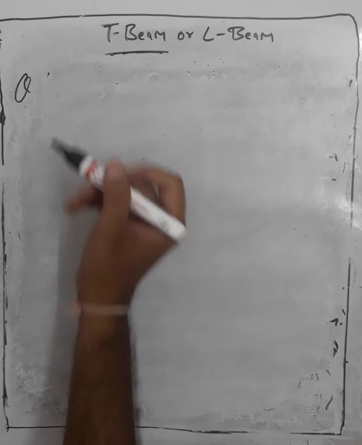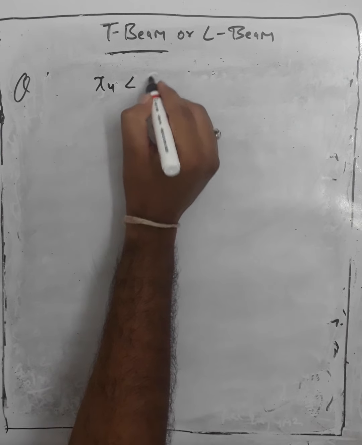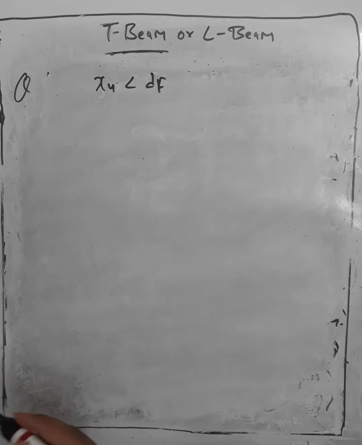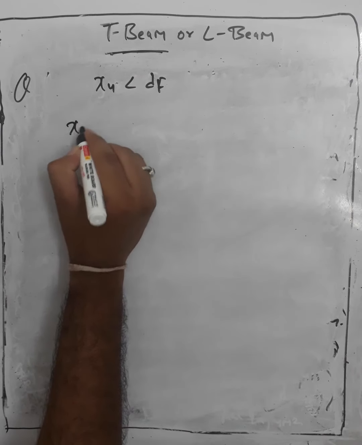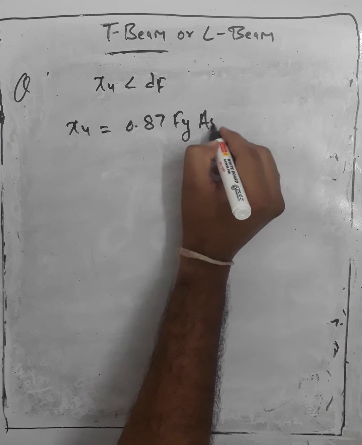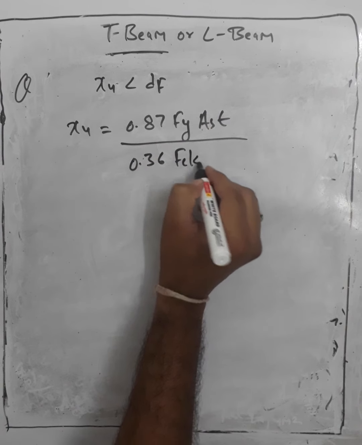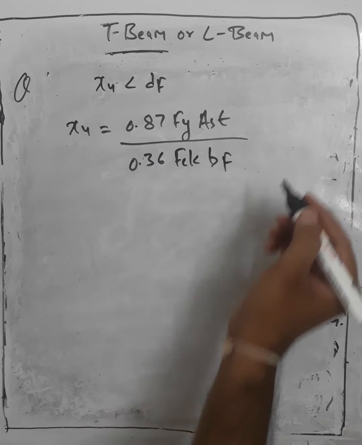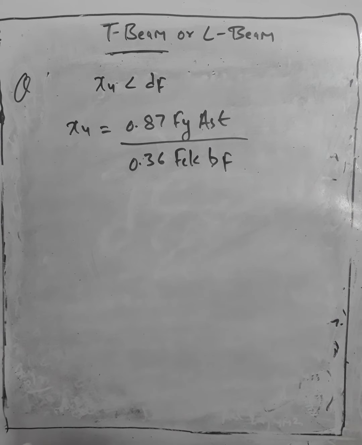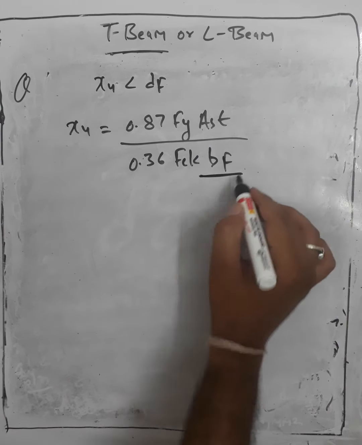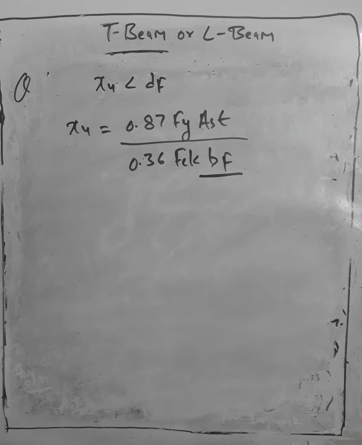So here we assume XU is less than DF. For that we have one equation, XU is equal to 0.87 Fy AST divided by 0.36 FCK BF. Now what happened here? In our question we have not given this value. So first we have to find the effective width of flange.